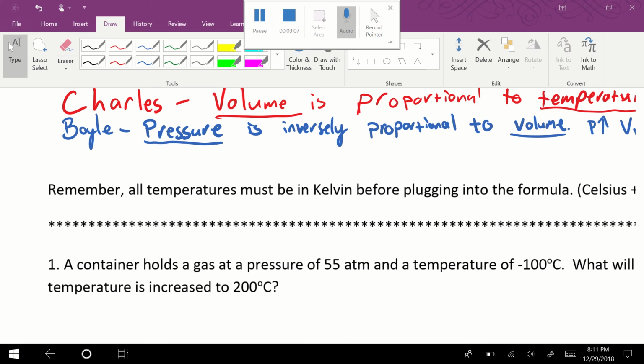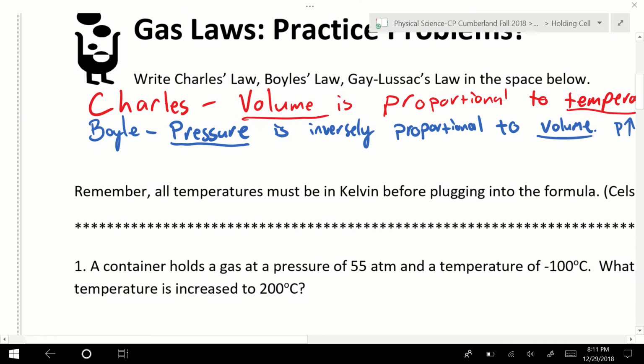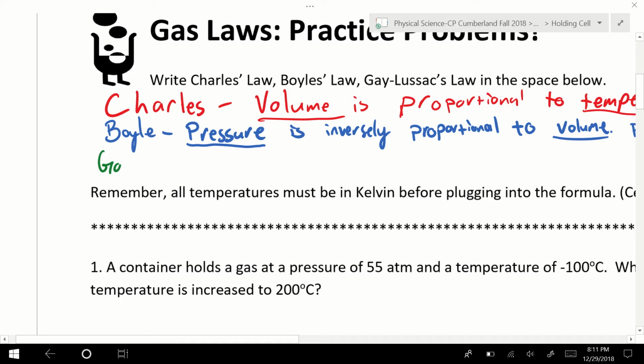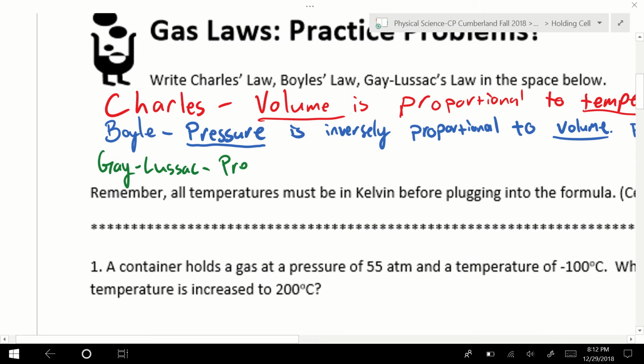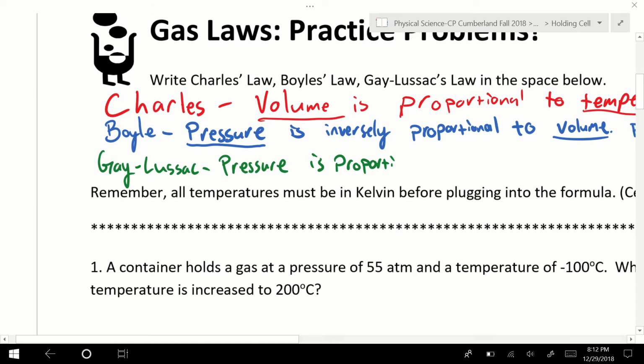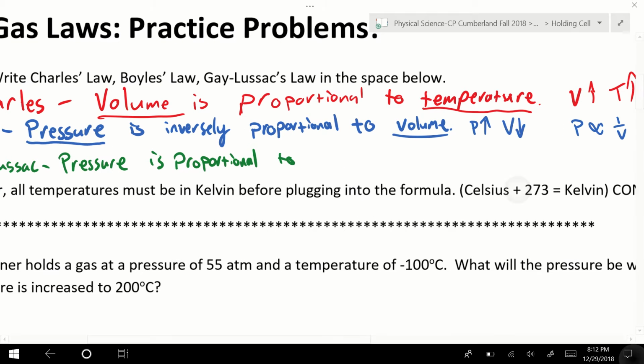And the last one, Gay-Lussac. He said that pressure is proportional to temperature.